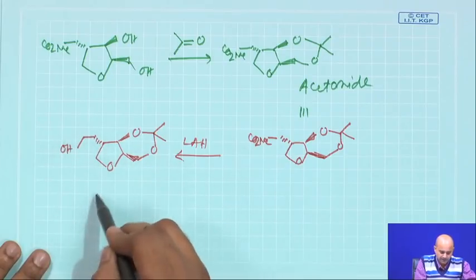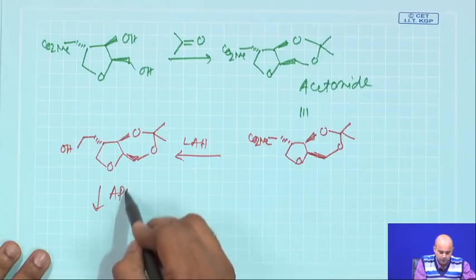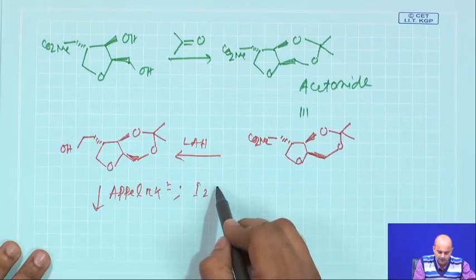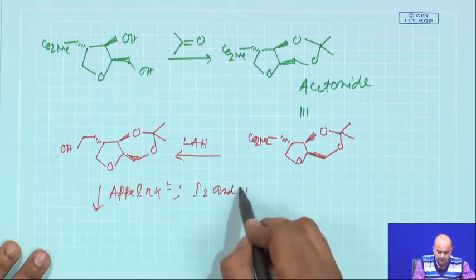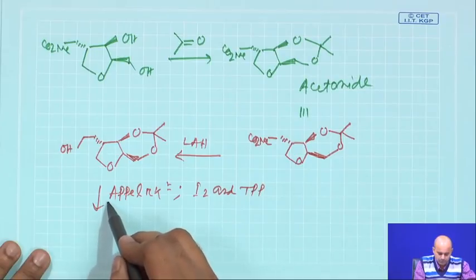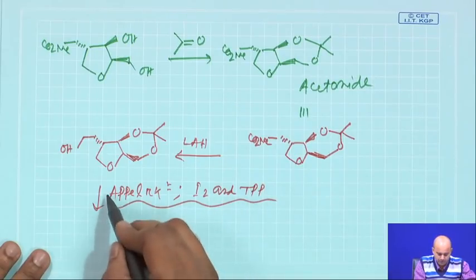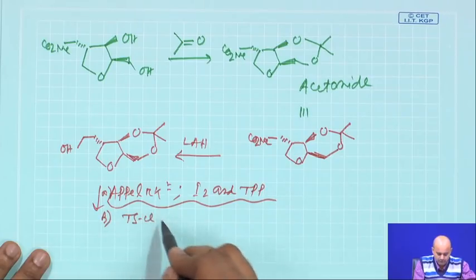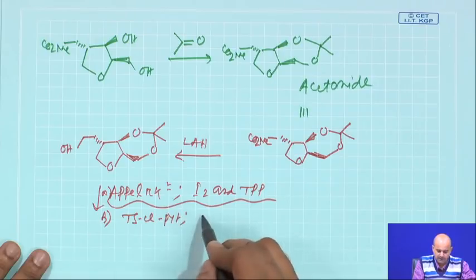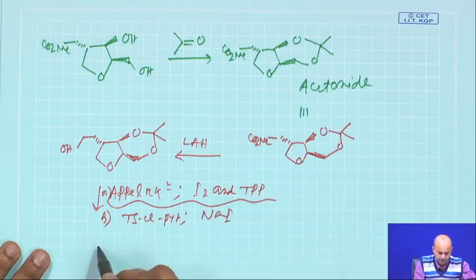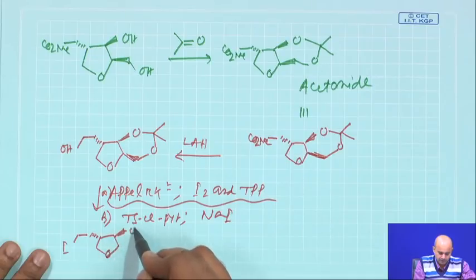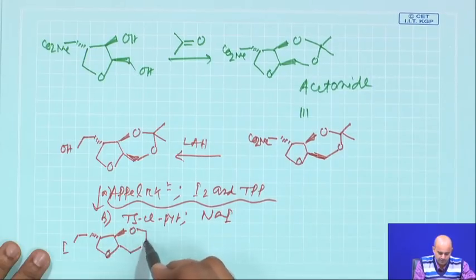So, we get the reduction, and then next you do an Appel reaction, which you have discussed many times. In the Appel reaction you use iodine and triphenylphosphine, or alternatively you can do it a different way. You can do either the Appel reaction or you can use tosyl chloride and pyridine, and then sodium iodide as a 2-step process, which will also give you the iodide. So, now you get the iodide, and your acetonide protection will remain here.